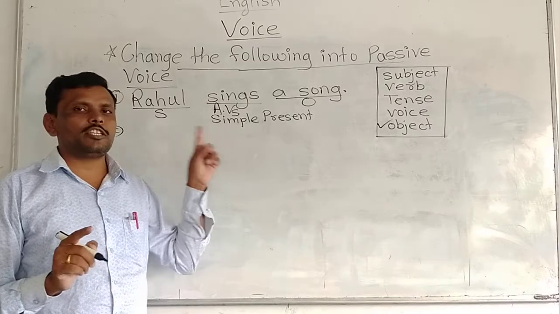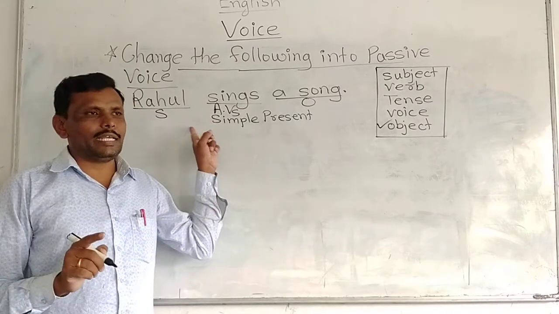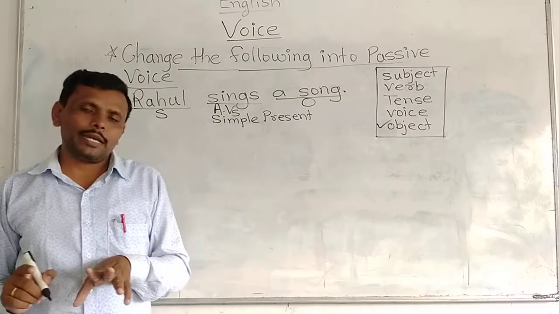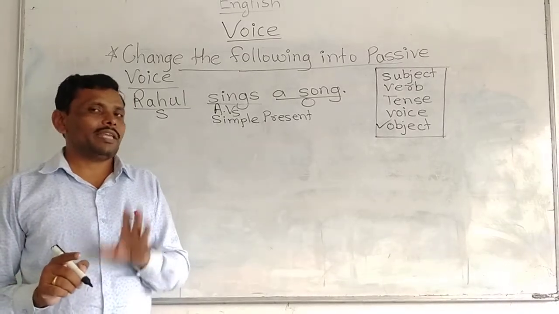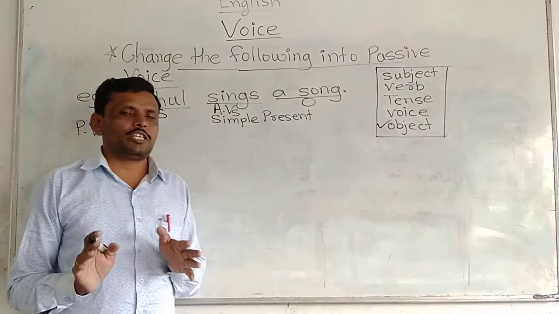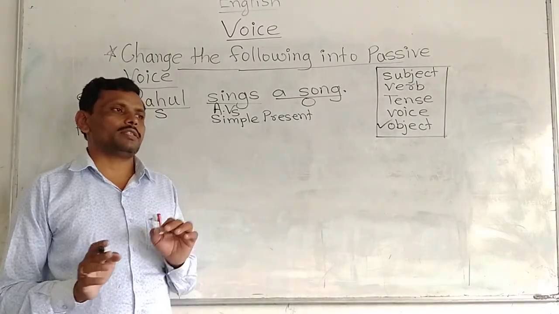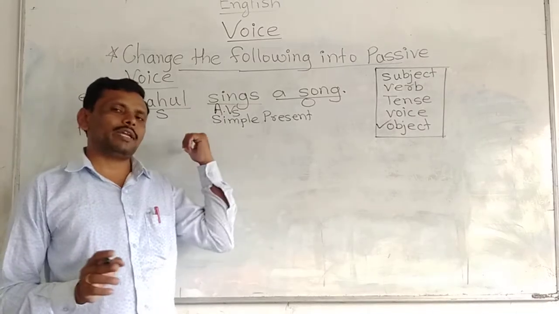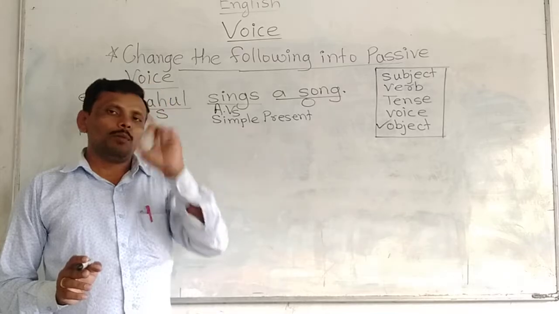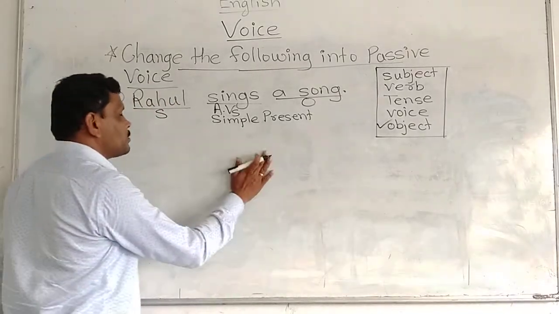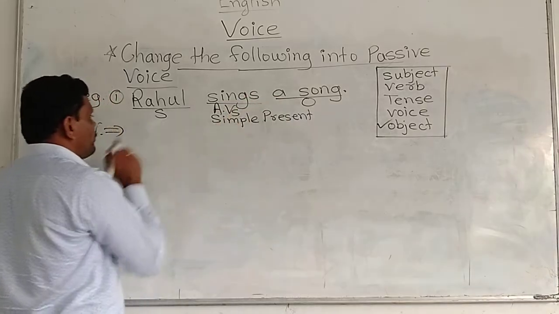We should not change the structure of this sentence. This is an assertive sentence, and our answer will be an assertive sentence. The tense should not be changed, but we have to change the importance. In active voice, the subject is important, but in passive voice, we have to give importance to the action. So the first rule is that we have to place the object at first.